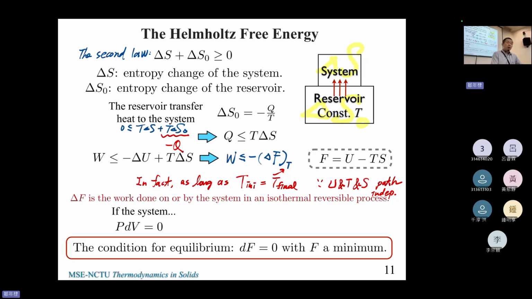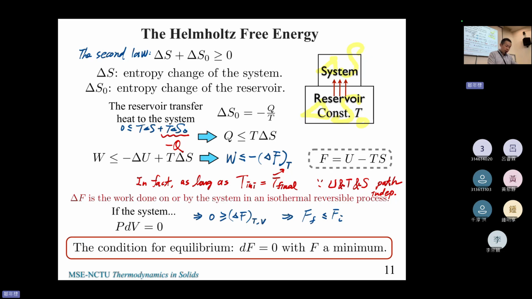If the system has no work done on or by it, which means W is 0, then 0 is greater than or equal to delta F at constant T and V. So if there's no work, delta F at constant T and V is less than or equal to 0.